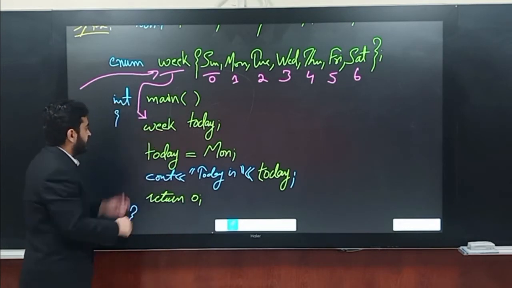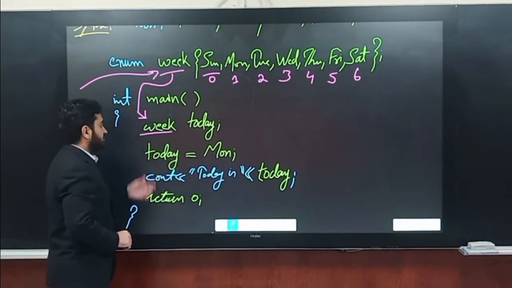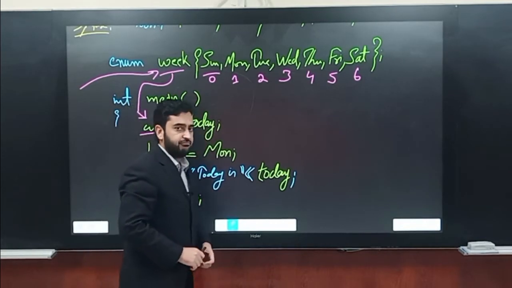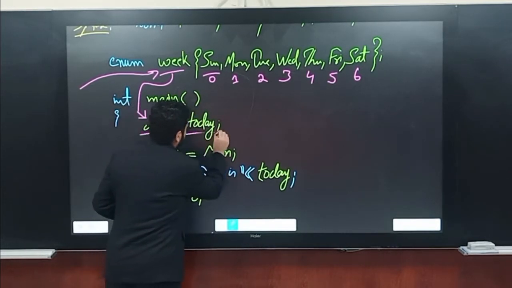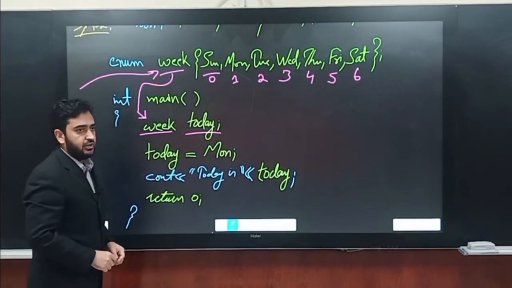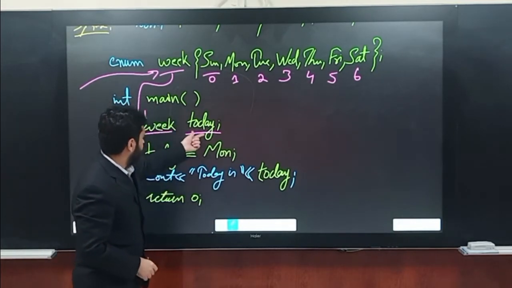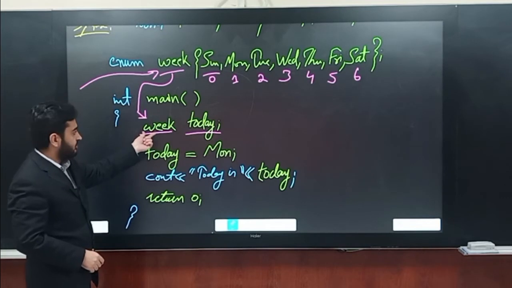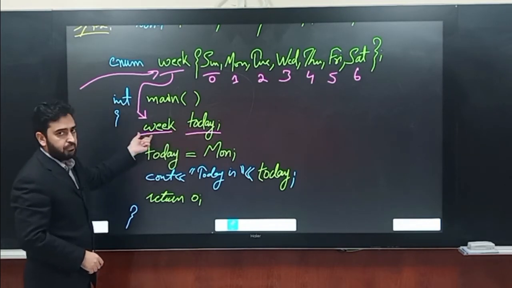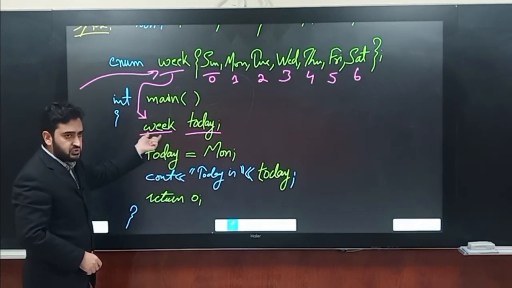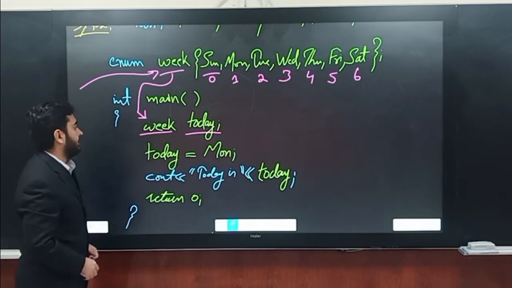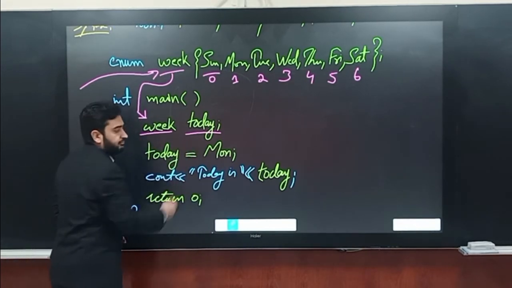So this is our data type week, and using this data type we have defined a variable today. This is a user defined identifier, the name of the variable, which has type week.